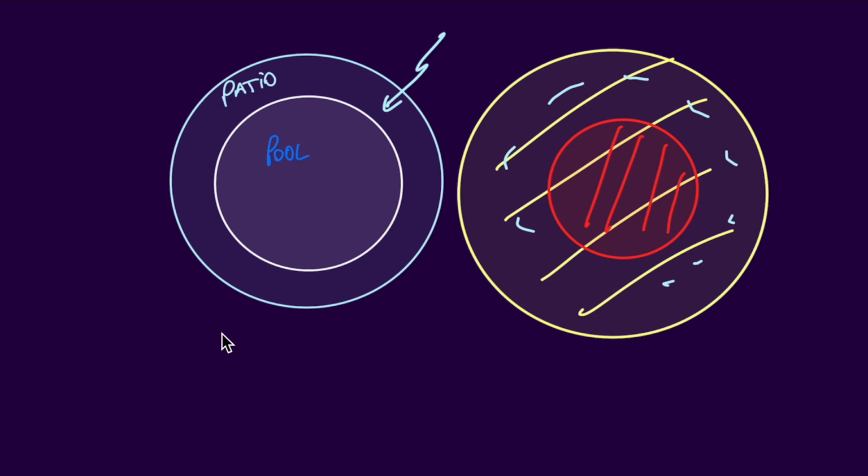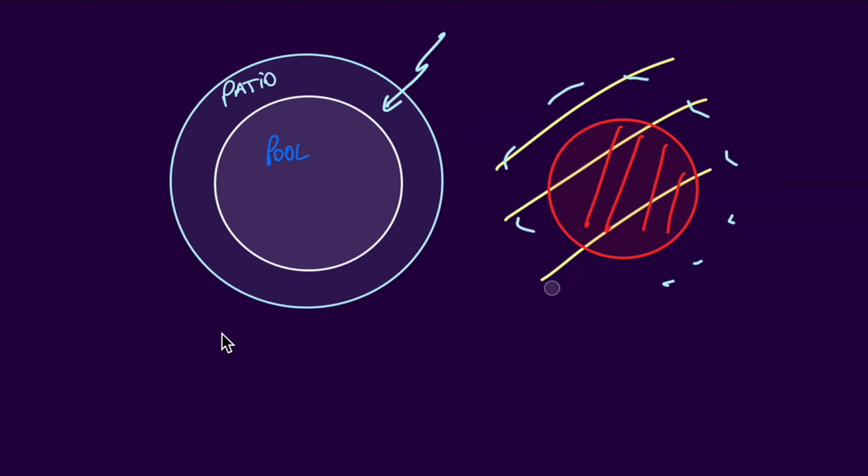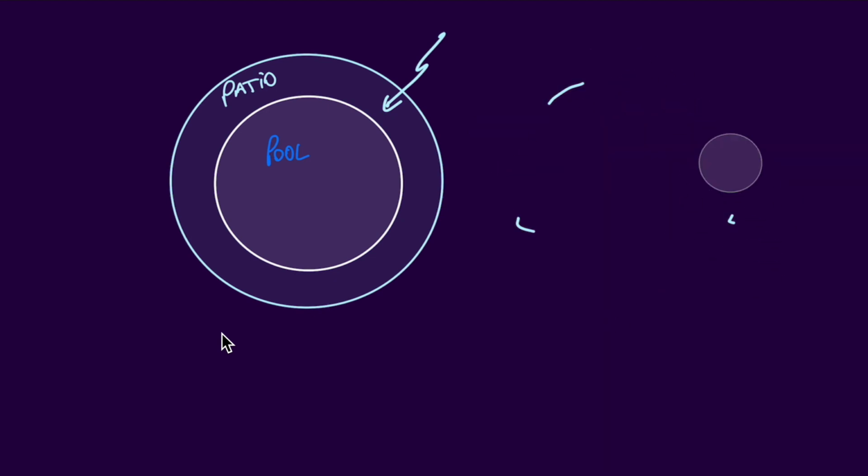So folks, to get the area of that patio, we're going to need 2 radii involved. We're going to need to get the area of the entire circle as if the pool wasn't there. That's going to be this big radius from the center of the pool out here. That's going to be big R. So that big area is going to be pi R squared.